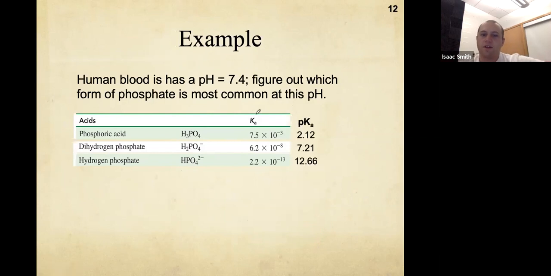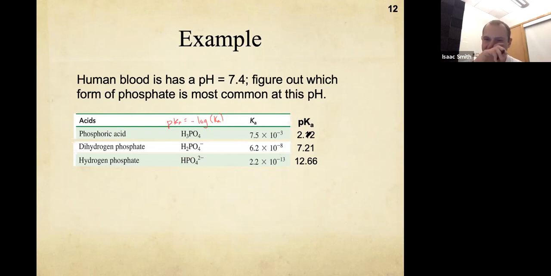So first thing you'd want to do is use the equation we talked about where pKa equals the negative log of Ka, okay? P of anything basically is a negative log of that thing. So pKa equals negative log of Ka. And so we can put all these three in our calculator and get the pKa's for each one of these.